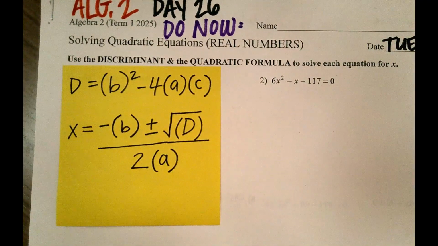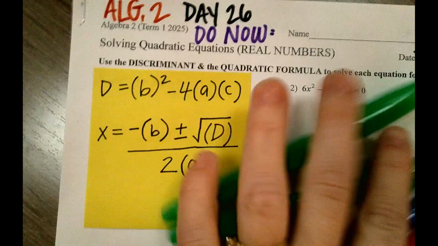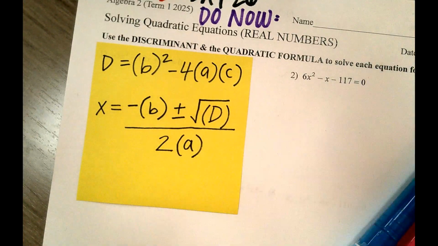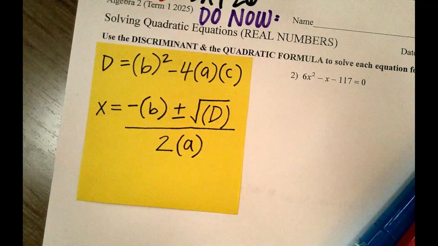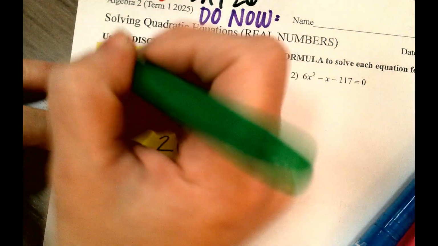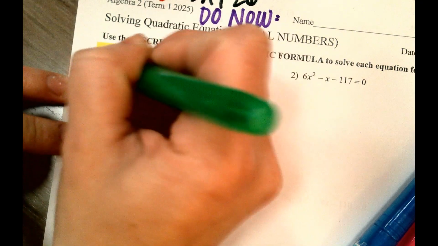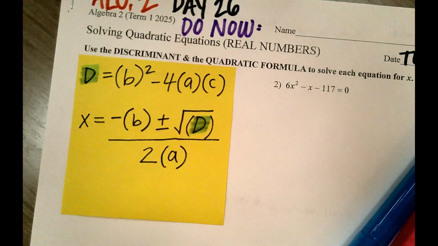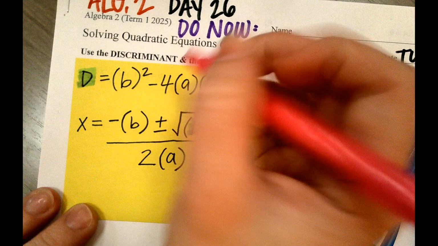So what I'm going to do is highlight and use a couple of colors here today. Get my notes organized. I'm going to get out blue, purple, pink, green, yellow. I'm going to make my discriminant green, and make A pink.